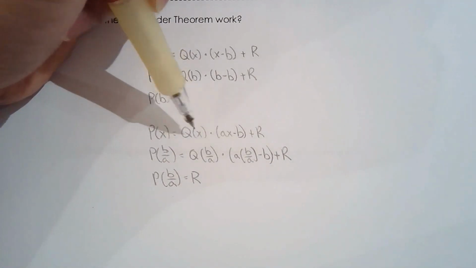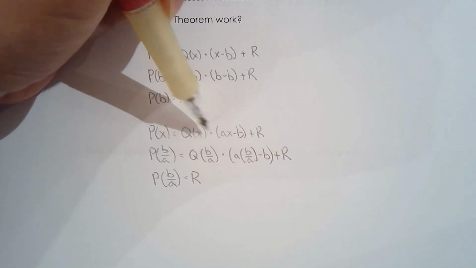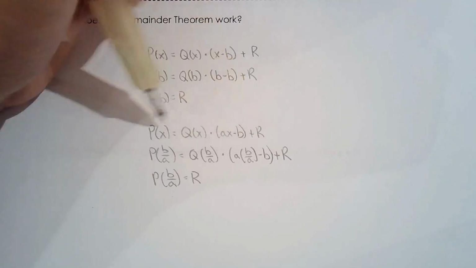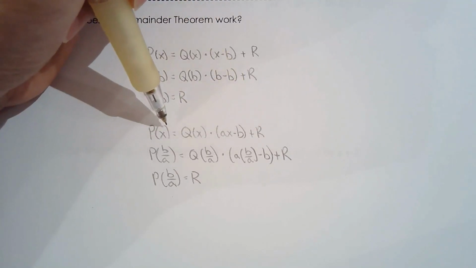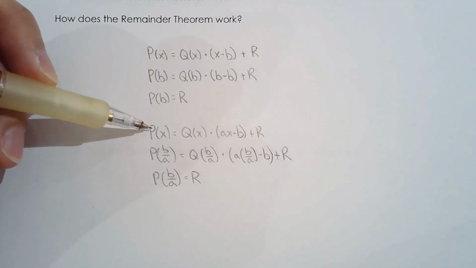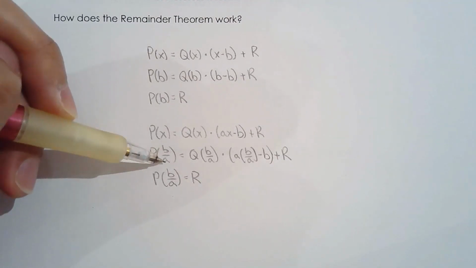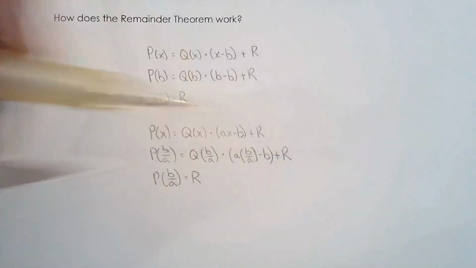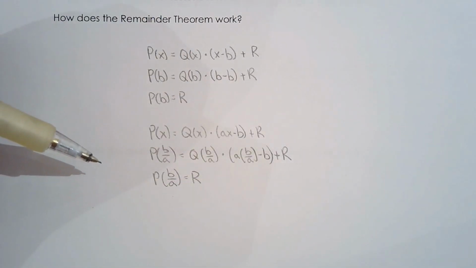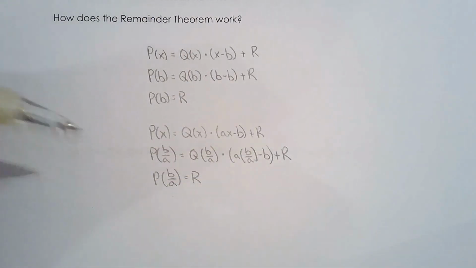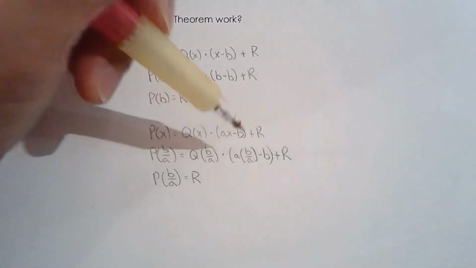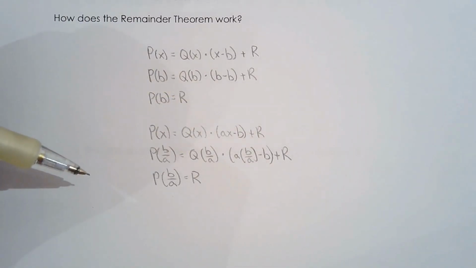So let's start from the beginning here. You have quotient times the divisor plus the remainder. This is the division statement. If I evaluate at b over a, then I will get the remainder from the long division if I were to divide by ax minus b.